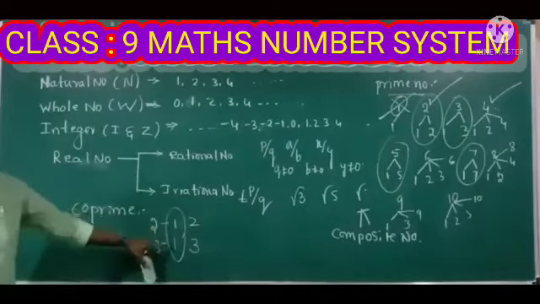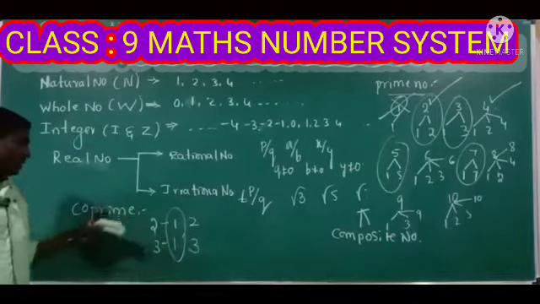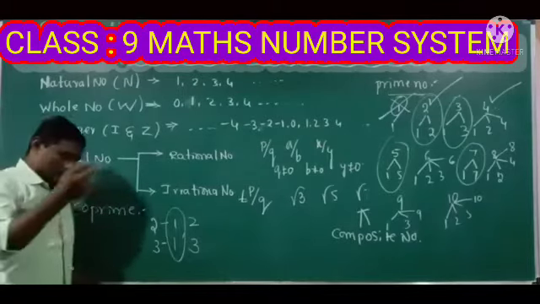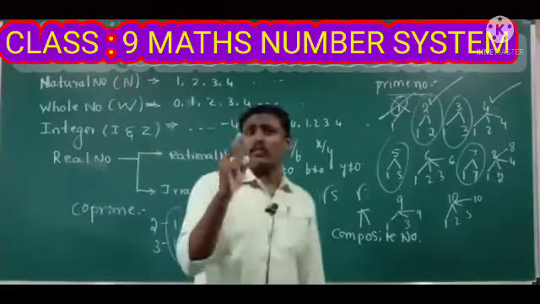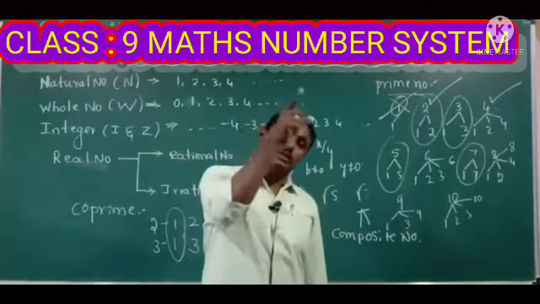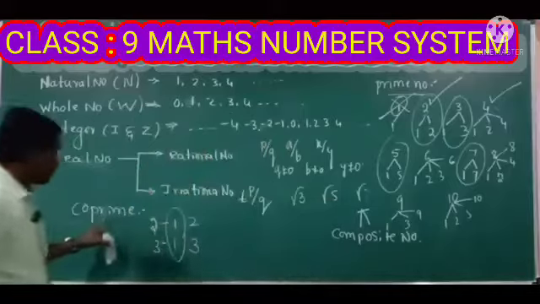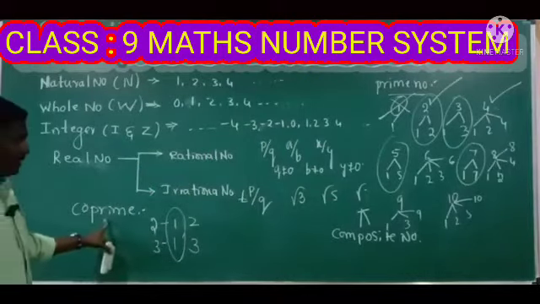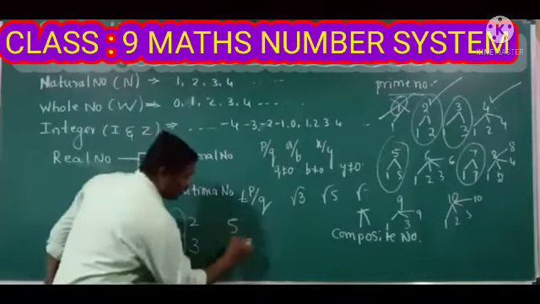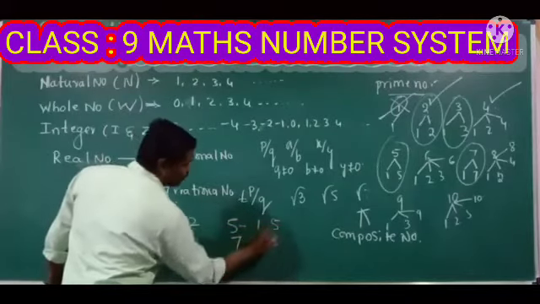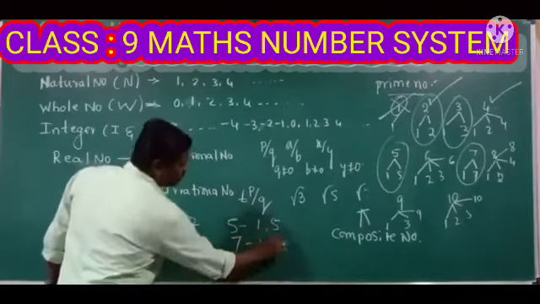Here 1 is the common factor of these two numbers. Or co-prime means the HCF of the two numbers is equal to 1. Take 5 and 7. What are the factors of 5? 1 and 5, 1 and 7.